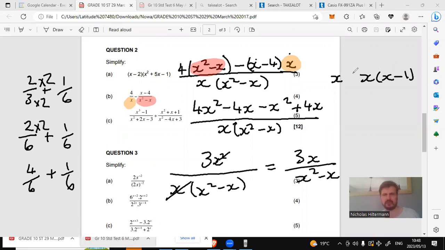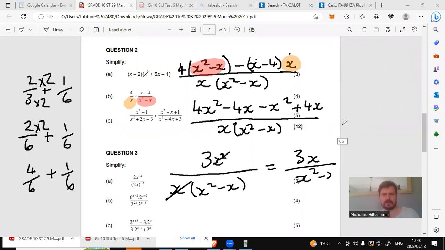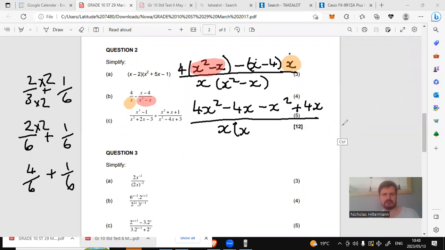So if I change it to that, then my two factors become x and x minus 1 and x. And so I end up timesing the 4 by the x minus 1 and the x minus 4 by the x. I would get the same answer. Okay, that's okay.